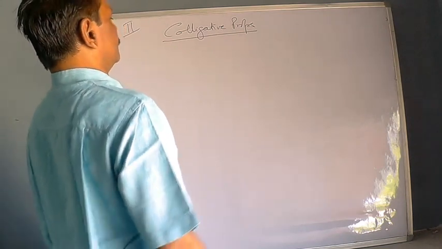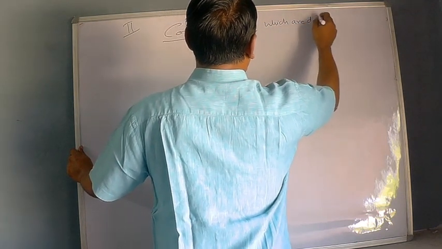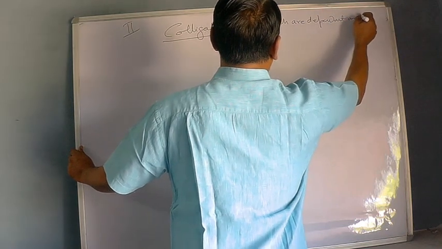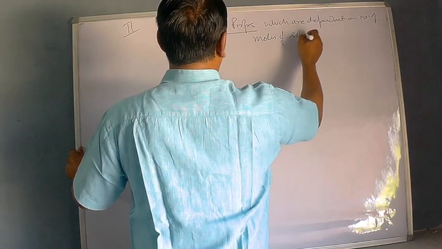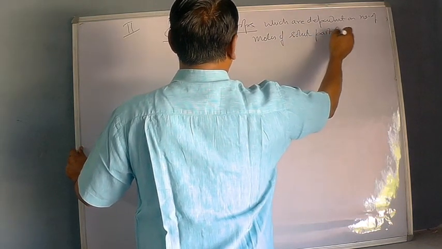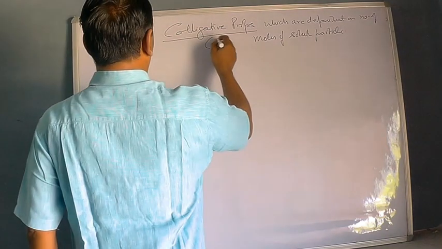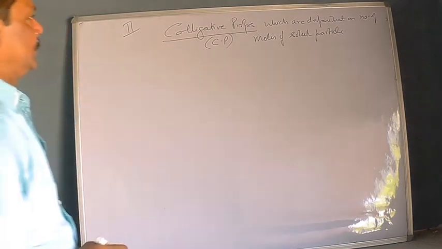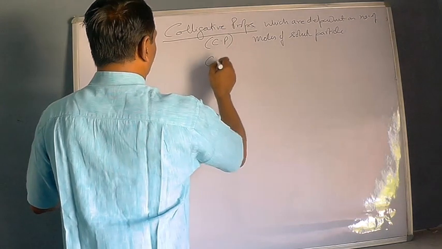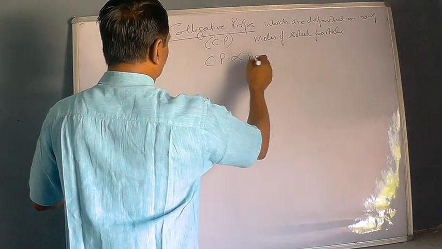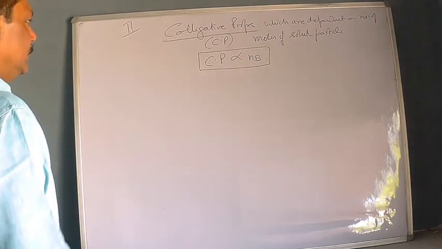The colligative properties are the properties which are dependent on the number of moles of solute particles. We symbolize it as Cp. So Cp is dependent on the number of moles of solute particles. So I can very well write here, colligative properties are directly proportional to the number of moles of solute. A very, very important thing to be remembered always in the solution chapter.